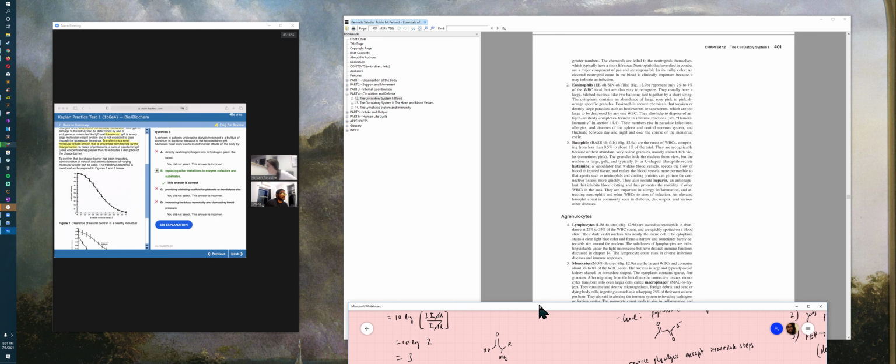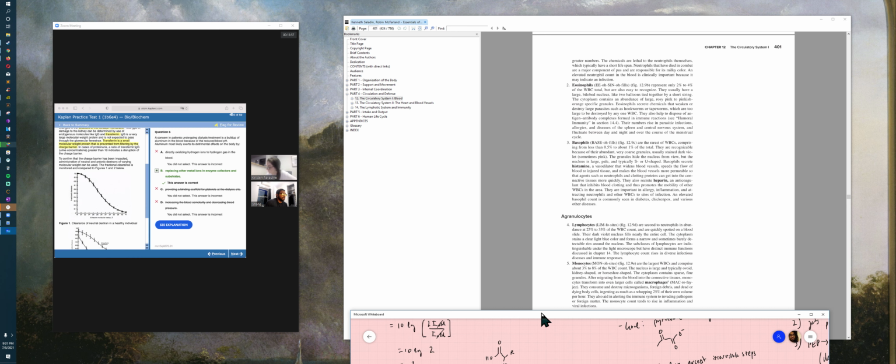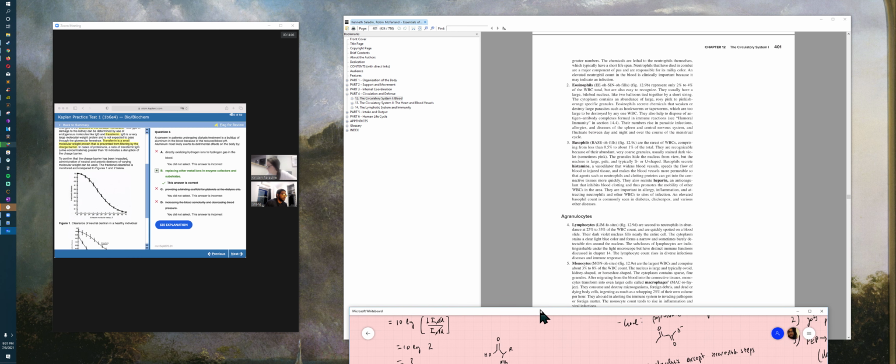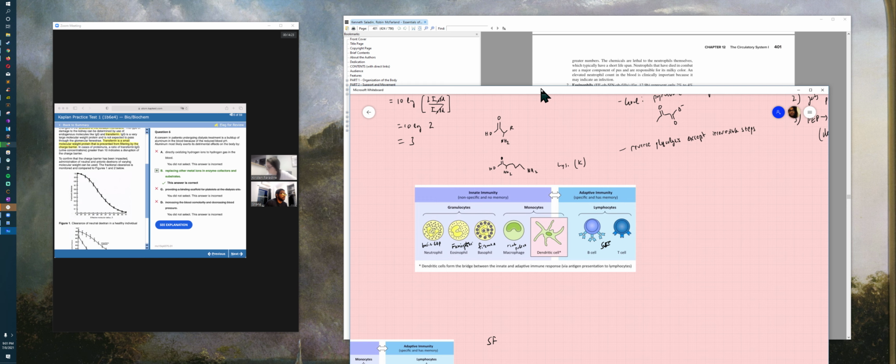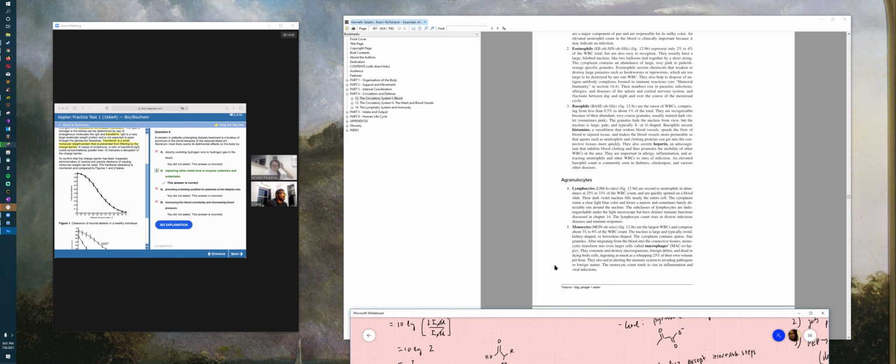The monocytes, aka the macrophages, consume the pathogens as well as the dead and dying cells, and they can eat 25% of their own volume per hour. Whoa. That's why they're big macrophages. That makes sense.